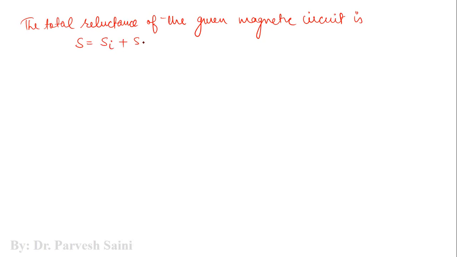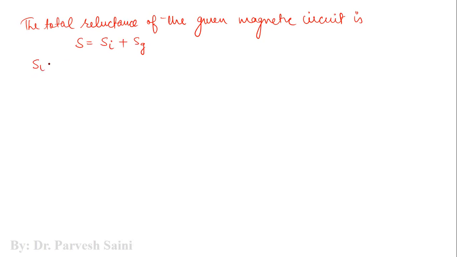The total reluctance of the given magnetic circuit, let us say it is S, is equal to the reluctance associated with the iron path plus the reluctance associated with the air gap.